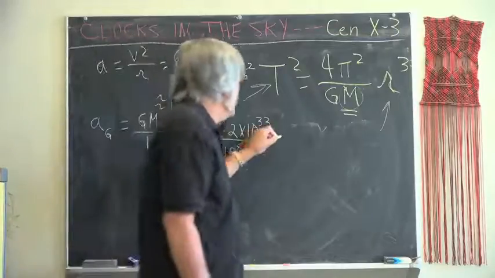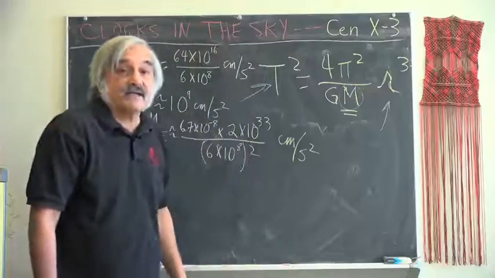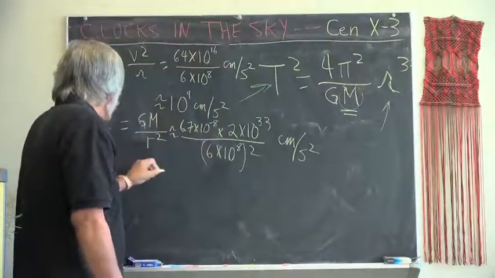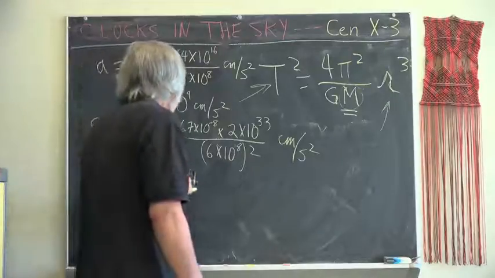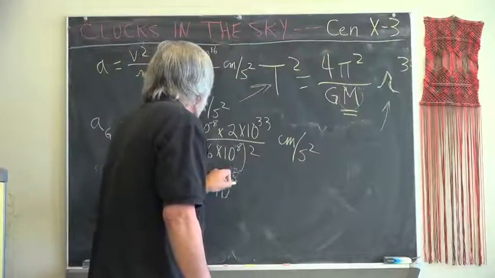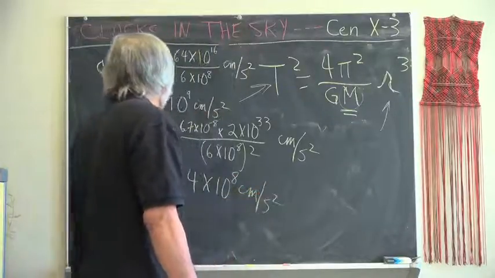And again, our units are going to be centimeters per second squared. We do this math, and we get a number 4 times 10 to the 8 centimeters per second squared.